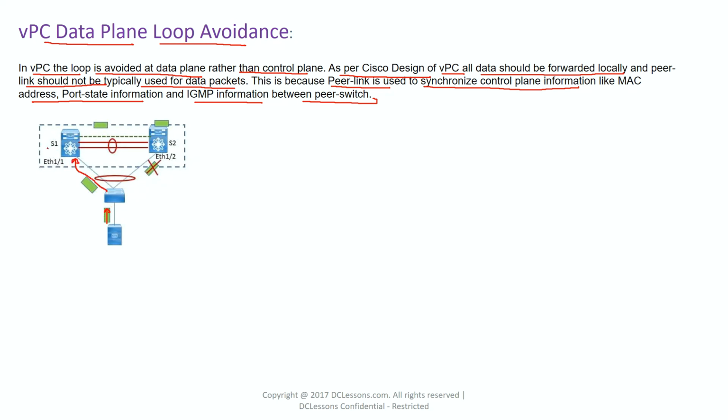As soon as switch 1 receives this packet, the MAC address of this packet will be recorded. So let's suppose this MAC address is recorded here. Now, because the CFS is working between S1 and S2, the CFS will propagate this MAC address, and this MAC address will also be recorded here due to the CFS protocol.